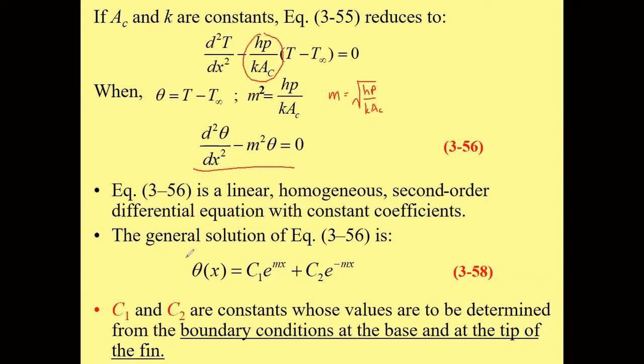The easiest way is to integrate it twice, as we've seen before. You will get the solution in this equation, where you have two constants, so we need boundary conditions, right?